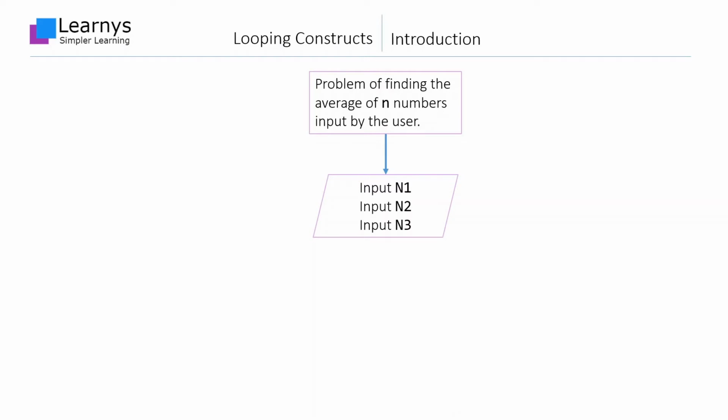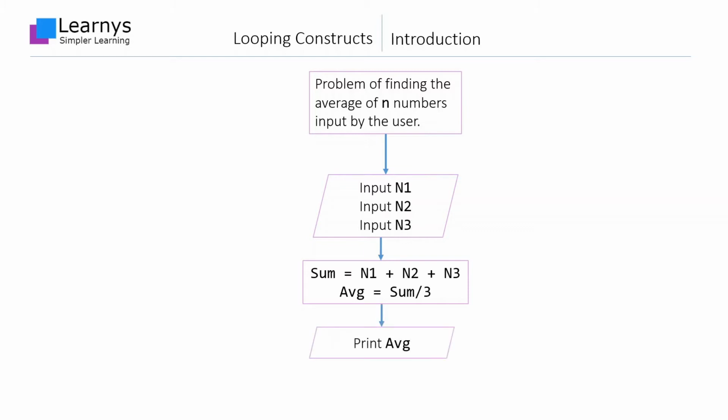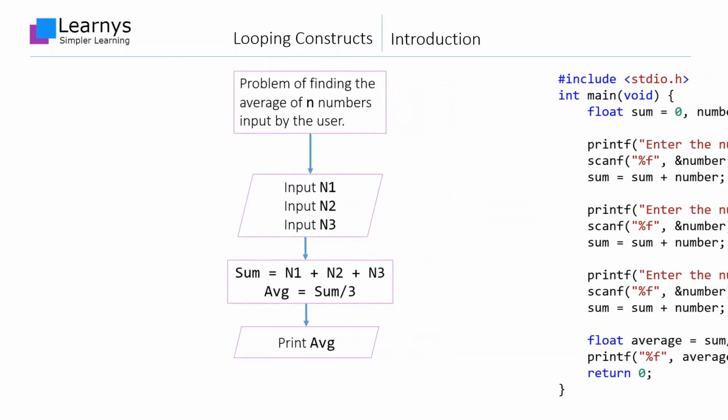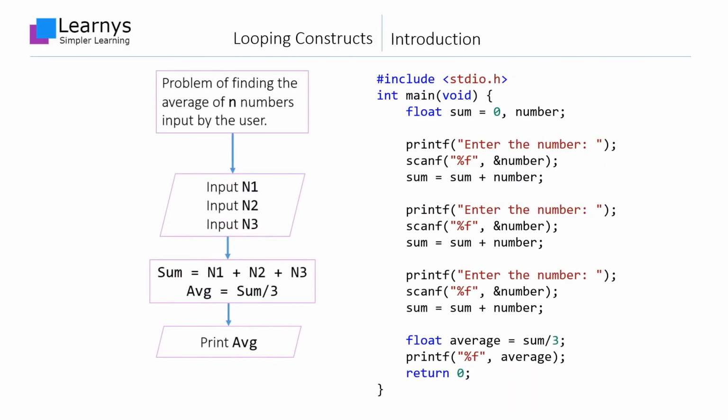The simplest approach to this problem is to seek the numbers from the user, maintain a running total of the numbers input by the user, and finally divide the total by n to get the desired result, and then print the desired result. This program is a naive implementation of this approach for the case when n is equal to 3.